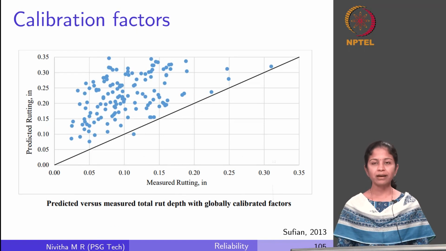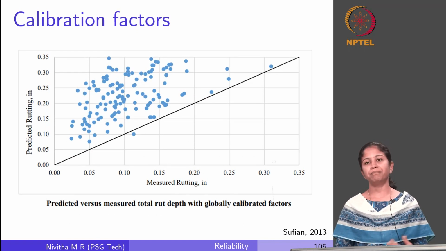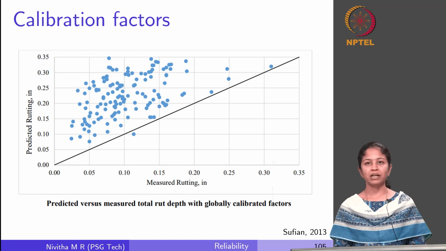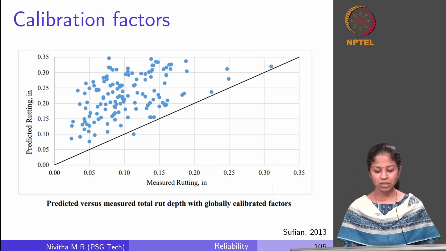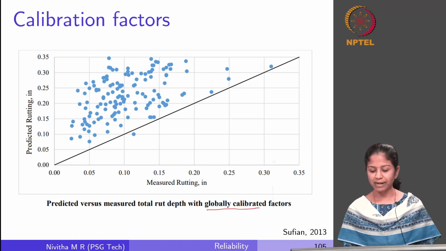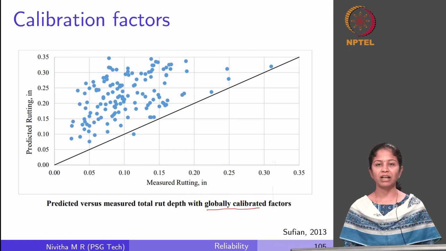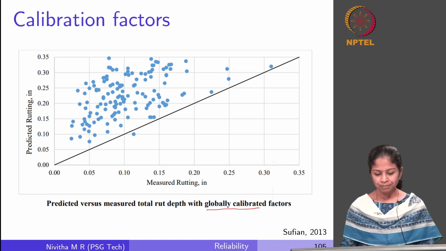So, you can see here how the predicted rutting varies after correction for the calibration constants. So, this is predicted versus measured total rut depth with globally calibrated factors. If we use default values, this is how we are going to get.